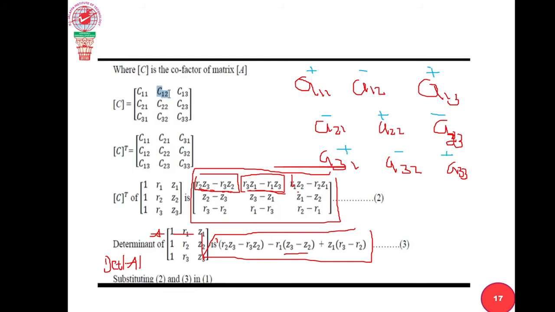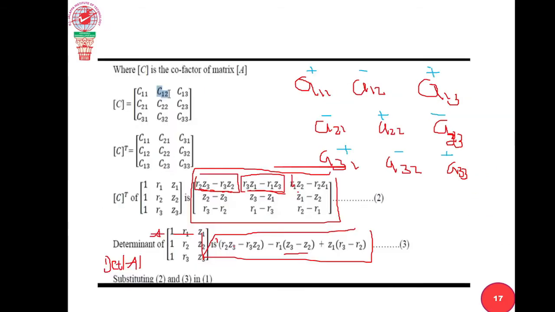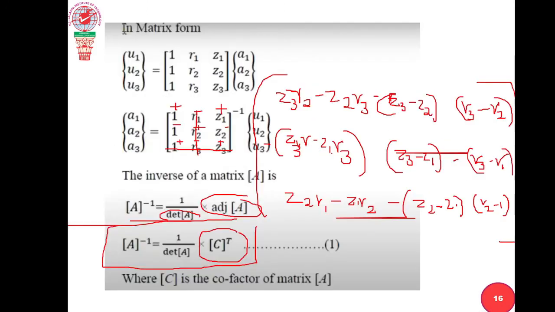Now see, this is known as the C of T matrix. This is the determinant of the matrix, where I have to substitute in equation number 1. In place of the determinant of the matrix and the cofactor transpose matrix, we need to substitute the values. Therefore, substitute 2 and 3 in 1.